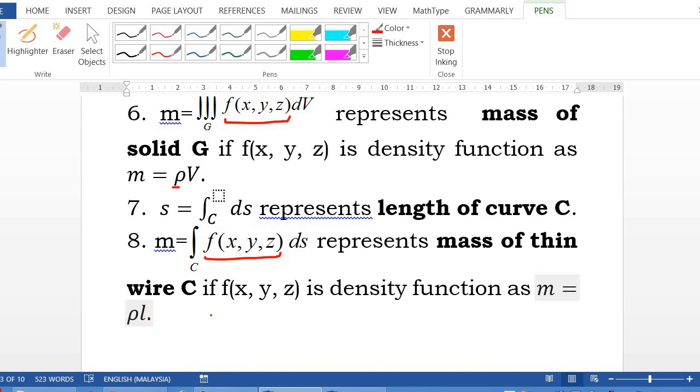So the mass would be the density times the length, however this is for a constant density. If we have a non-constant, non-homogeneous density, then the mass of the thin wire is given by the line integral of f(x,y,z) ds along the curve C.